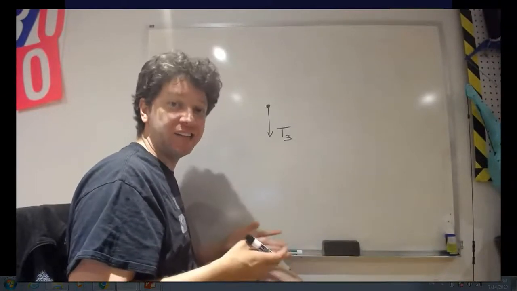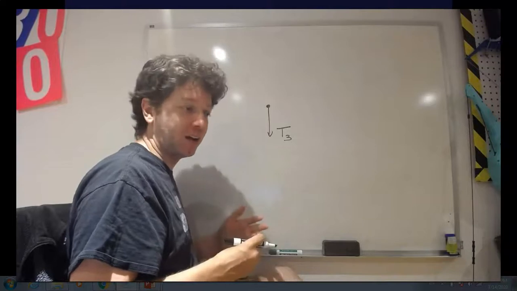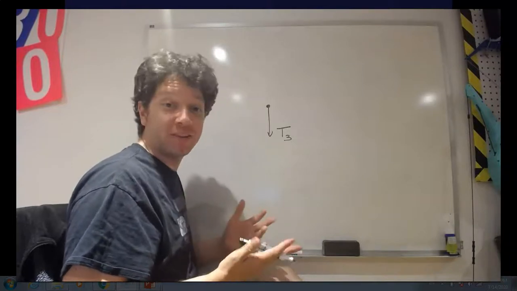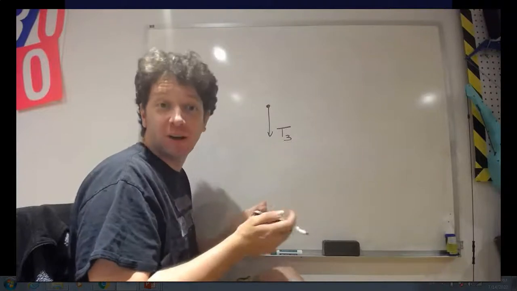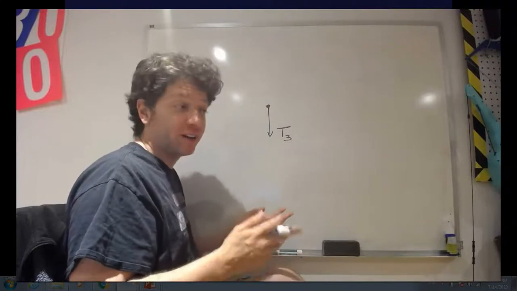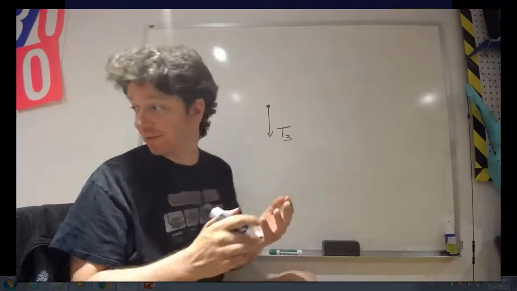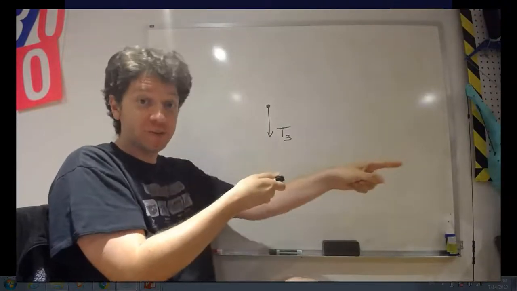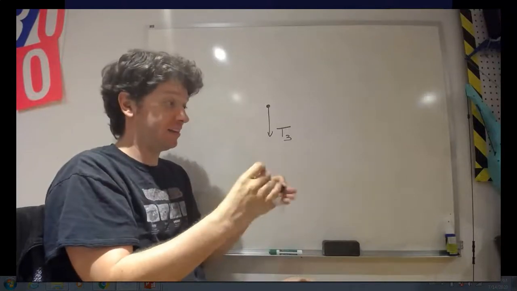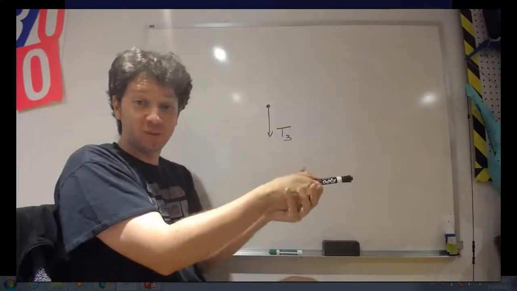Well, the tension in a rope, the direction of that force is an equal and opposite reaction force. So if I'm pulling on a rope, and there's someone over there pulling the other end, we're going to imagine a rope here, because I don't have a rope.